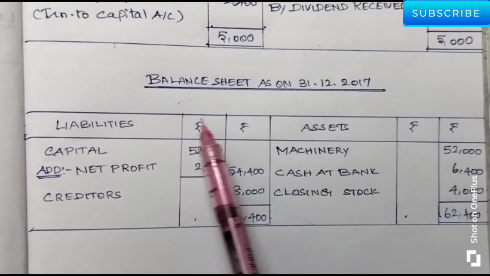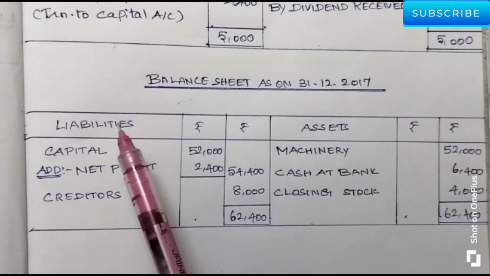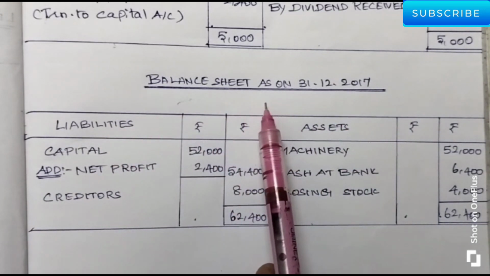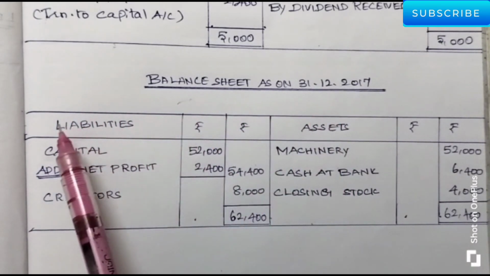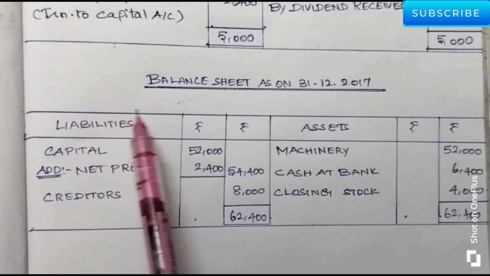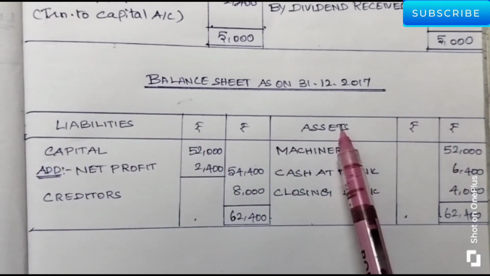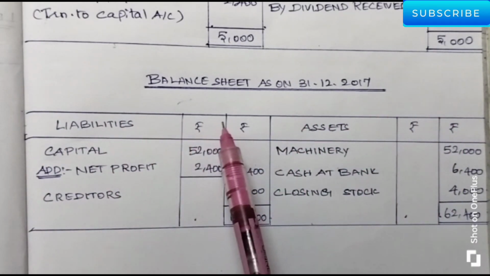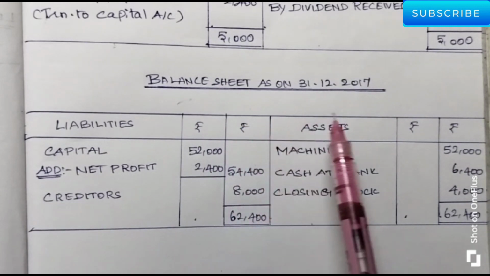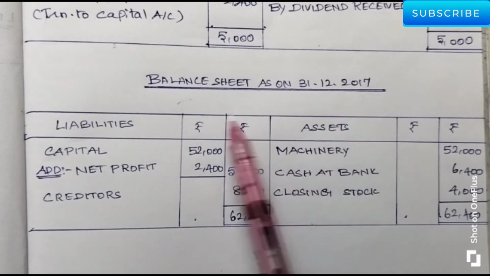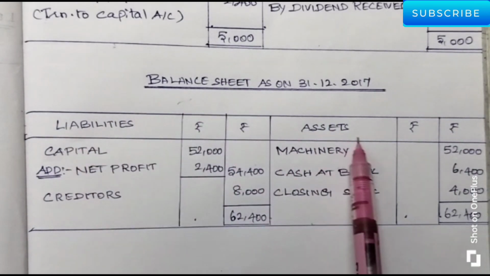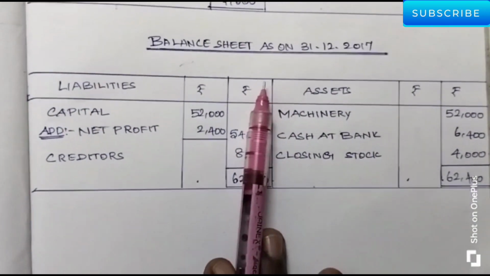The balance sheet has two sides, that is liability side and asset side. The left hand side we call the liability side and the right hand side we call the asset side. Liabilities have two columns, inner amount column and outer amount column, and the asset side also has two columns, inner and outer amount column. So we prepared the heading and the format of the balance sheet.